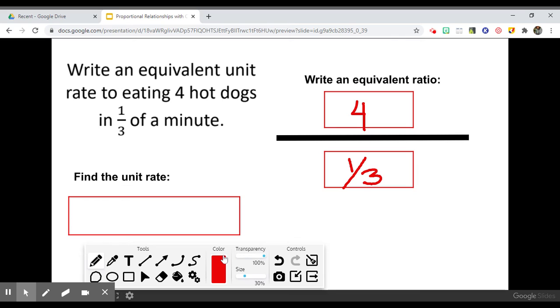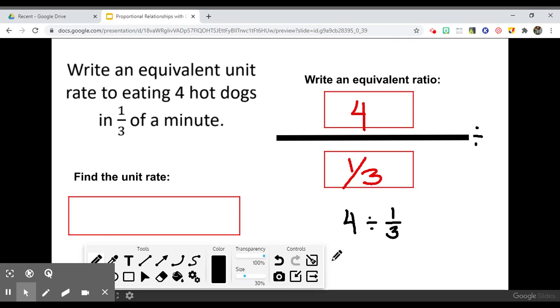So I'm going to do some work here off in the corner. I'm going to write it as 4 divided by 1/3. That is really what's happening. This fraction bar here means division. So if we remember dividing by fractions rules from 5th and 6th grade, we're going to keep the first, change the division to multiplication, and flip my second fraction.